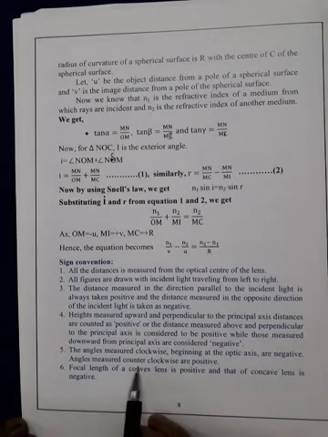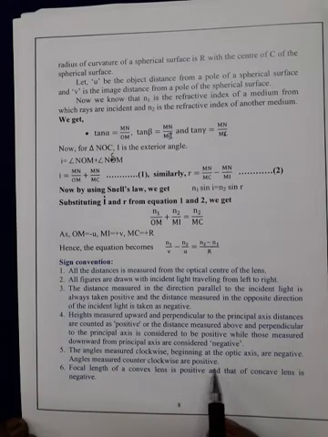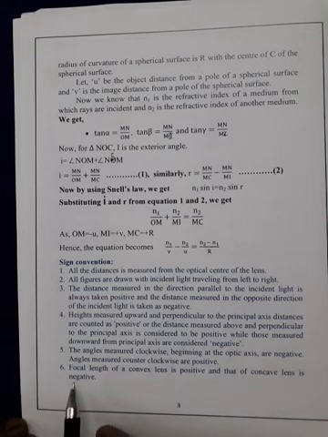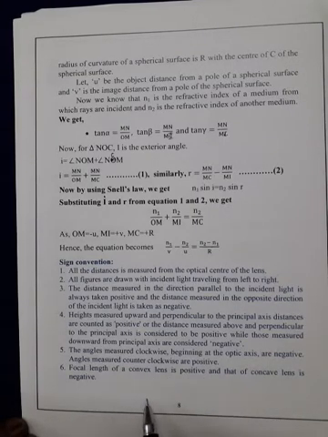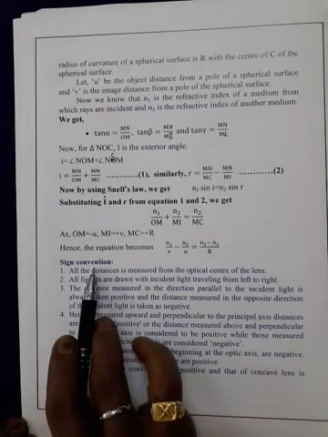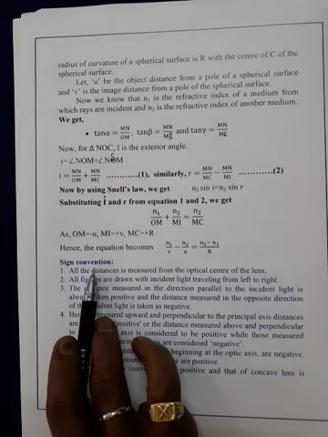Angles measured counterclockwise are positive. And the focal length of a convex lens is positive and that of a concave lens is negative. You remember these sign conventions while you are solving for the equations of refraction at a spherical surface, or reflection, or in some other equations in optics.